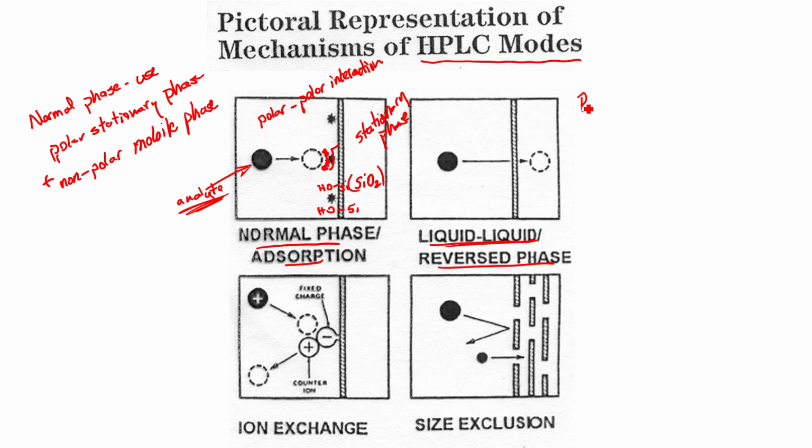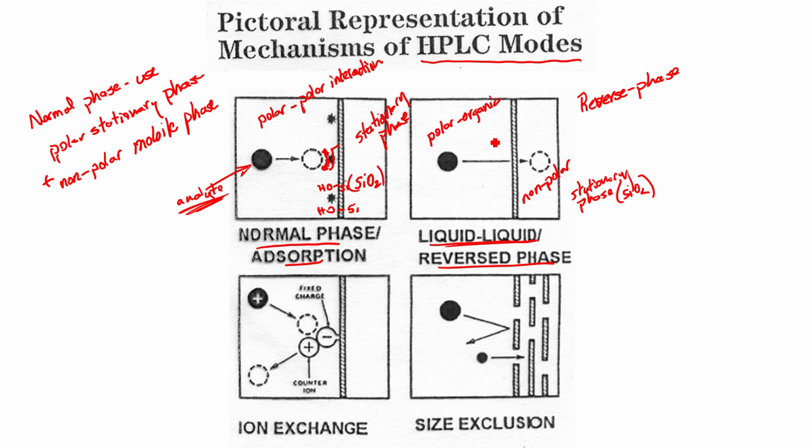Reverse phase chromatography switches that around. All right, so reverse phase, what happens is now you have the stationary phase that's over here, and it's frequently something like a silica particle, but what it has is a nonpolar liquid bound to the surface. And your mobile phase is going to be a polar or a polar organic.